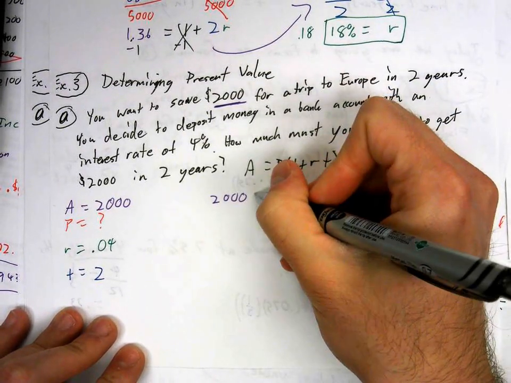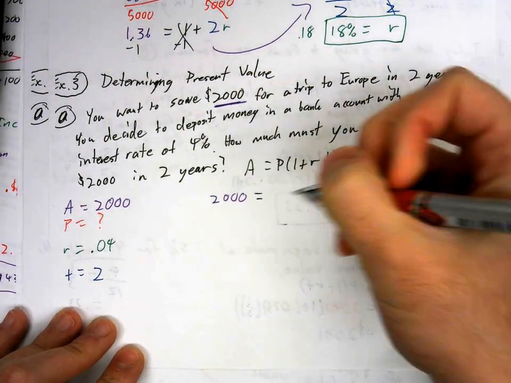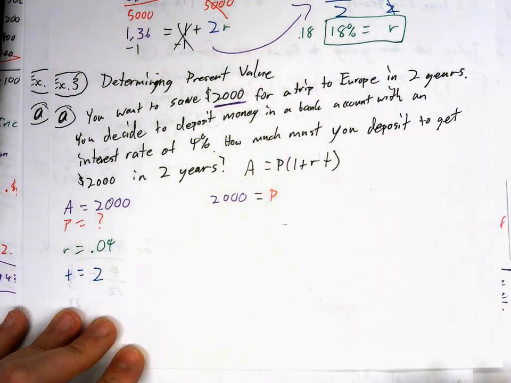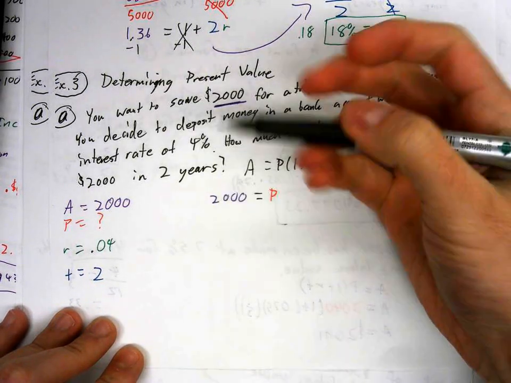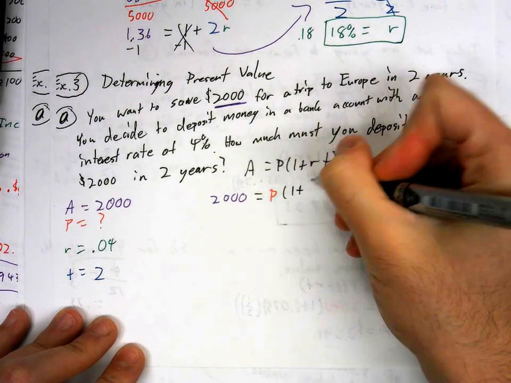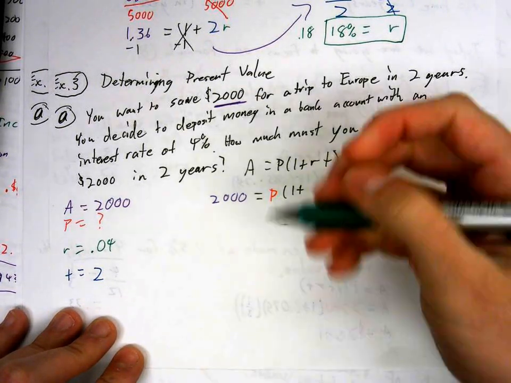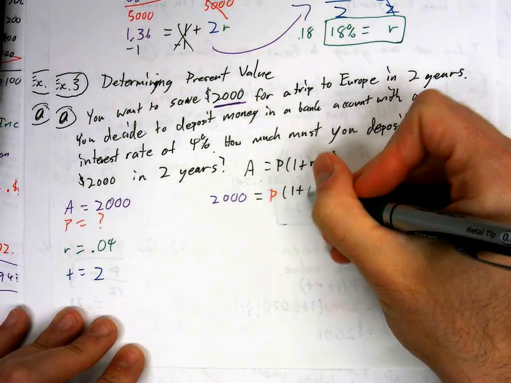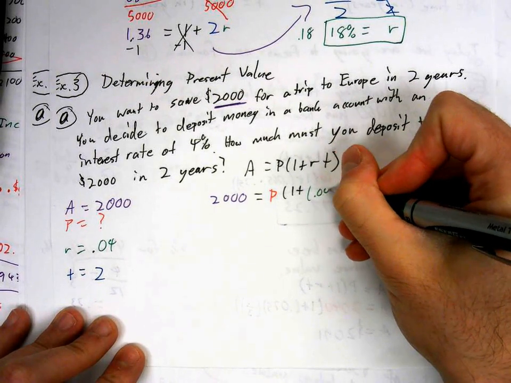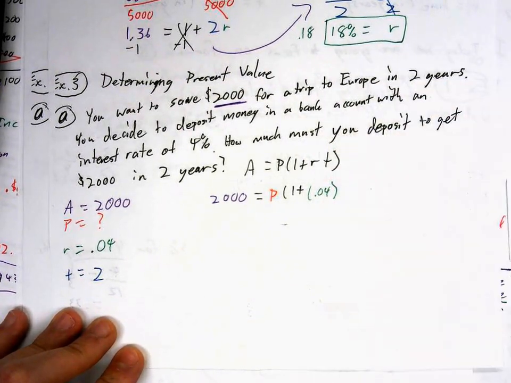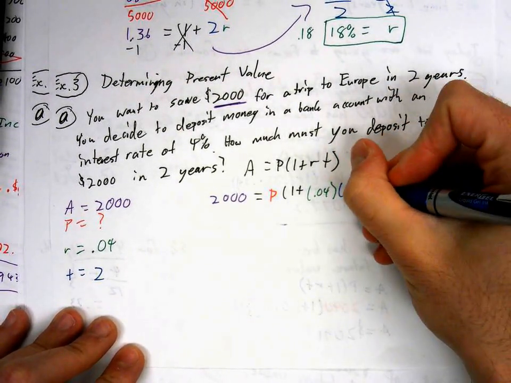That's going to be equal to our principal, or our present value, that we don't actually know. So that's just going to be P in this case. Now inside the parentheses, we still have that 1 plus. It's always going to be there. And that's going to be added to the rate, which is 0.04, times our time of 2.